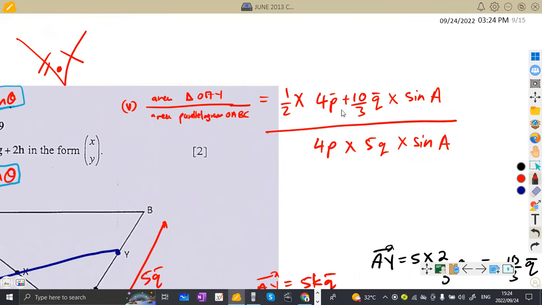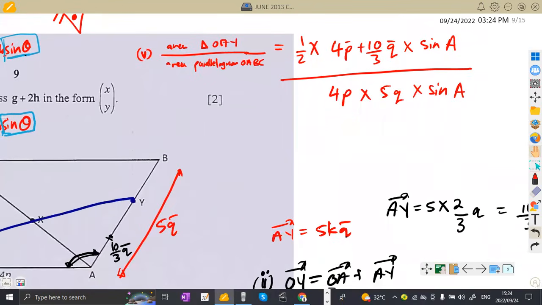From this, we can obtain the ratio of these areas because all of these can cancel each other, guys. The 4P can cancel, the Q can cancel, the sine A can cancel because they are the same. Here we can also cancel 2 into 2, that's 1, and 2 into 10, which is 5.